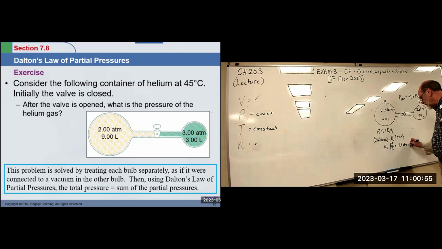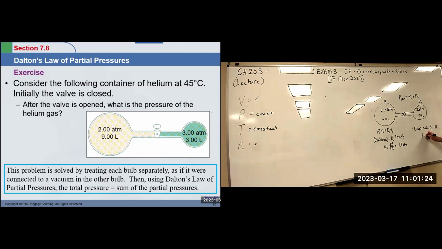atmospheres. Okay, we do the same thing on this side. What was P1 over here? P1 was 3 atmospheres, and volume 1 is 3 liters. Now we're going to have P2 for this one, where that one's a vacuum, times the new volume, which is 12.